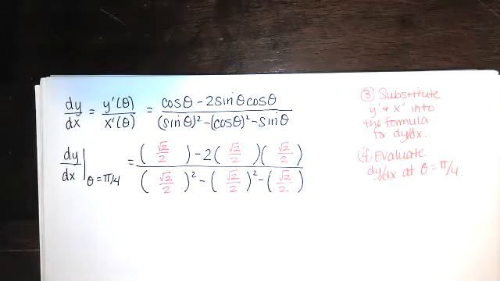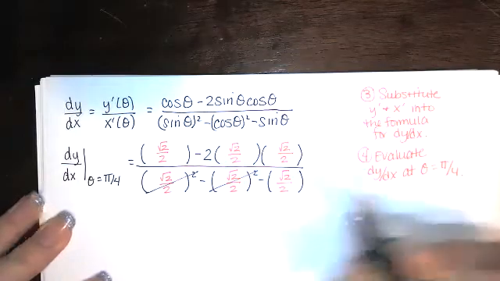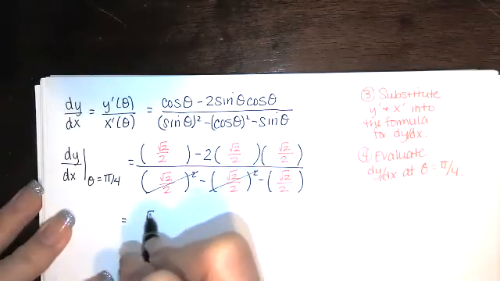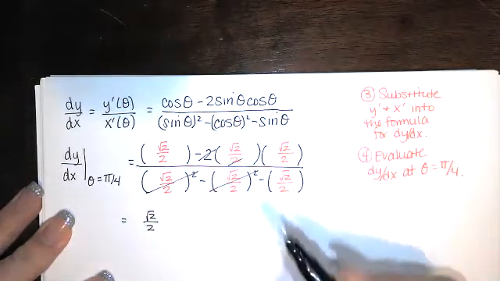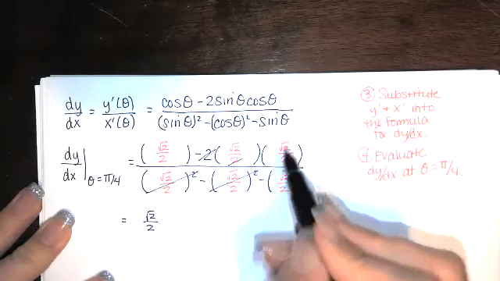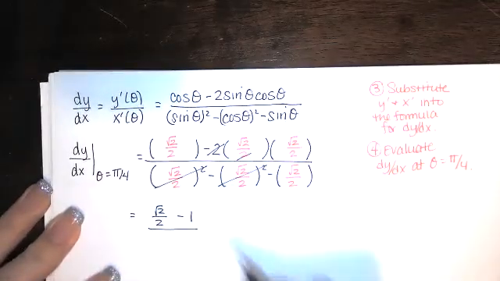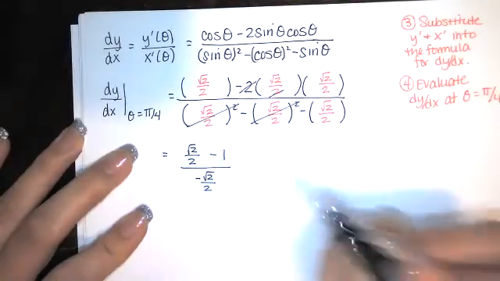And then it simplifies. In the numerator, we've got square root of 2 over 2, and that 2 will reduce with one of those 2's. And this root 2 times root 2 is 2. So we've got 2 over 2, which is a 1, all divided by negative root 2 over 2.